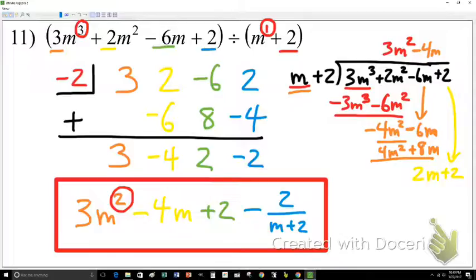And then the process repeats. This time I divide this 2m by the leading term m out front there. So 2m divided by m is 2. So I have plus 2 there. Then take that positive 2 and multiply it through on the m plus 2. Okay, so 2 times m would be 2m. And 2 times 2 would be 4.